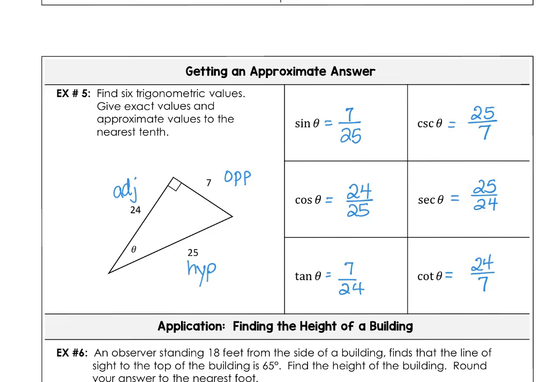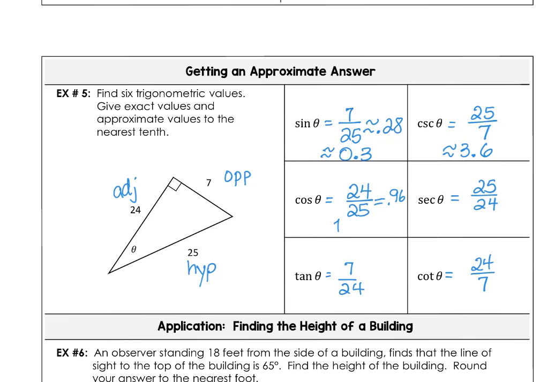Then we want to go back to get the approximate values. 7/25 is going to be 0.28. 25/7 is going to be about 3.6, let's see, to the nearest tenth. If we go sine of theta to the nearest tenth, that's about 0.3. Cosine 24/25 is about 0.96.